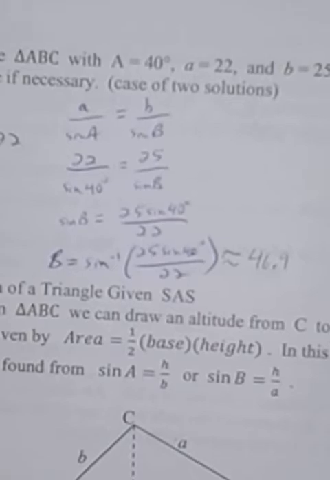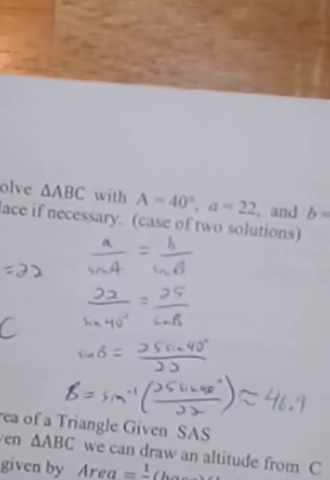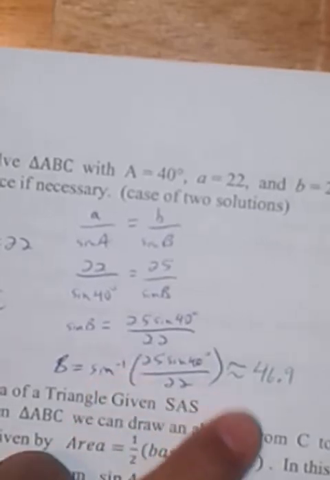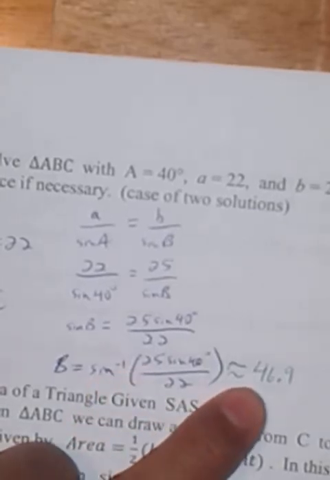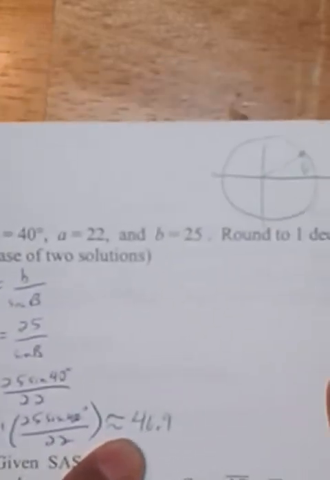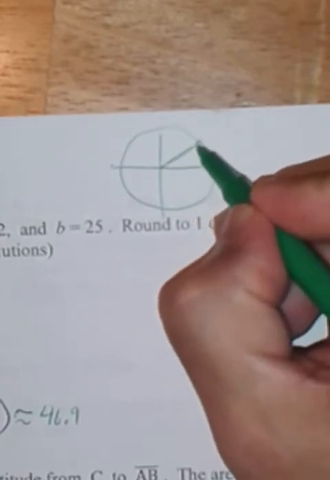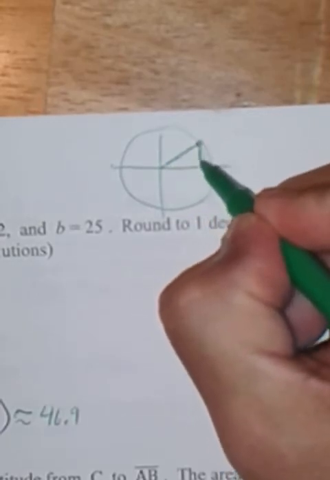All right, so how can there be another possibility? Well, if we remember the unit circle, if sine inverse is 46.9 degrees, that's about right there. That's for about 46.9 right there, let's say. So the sine is the y value, remember.